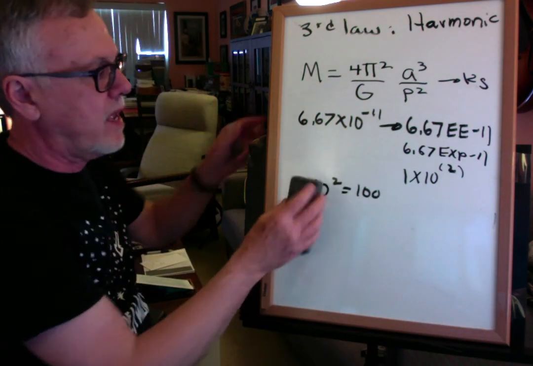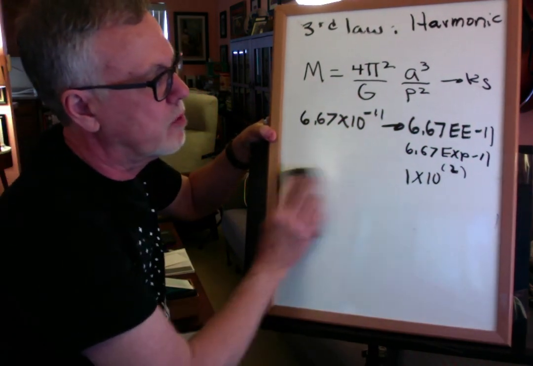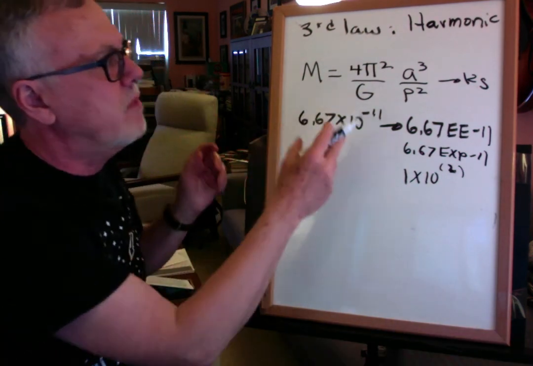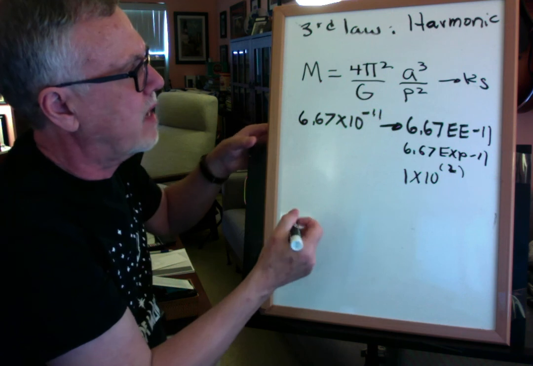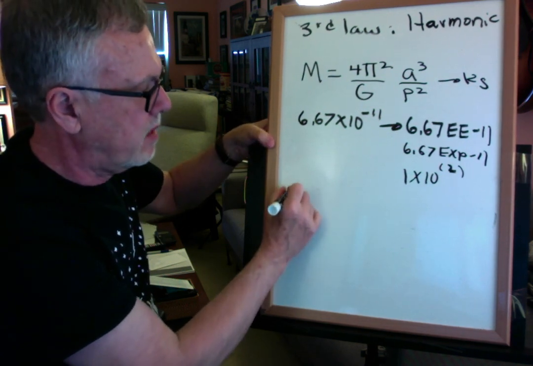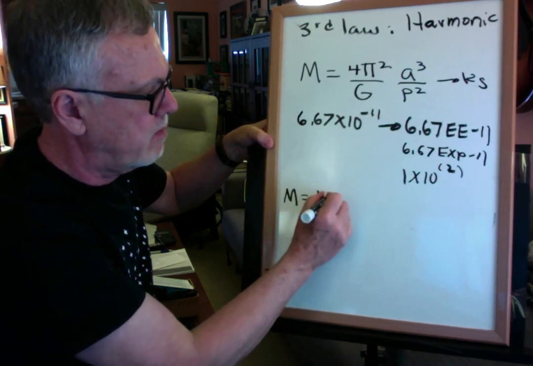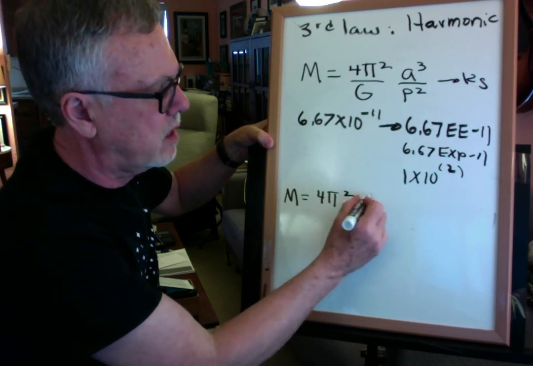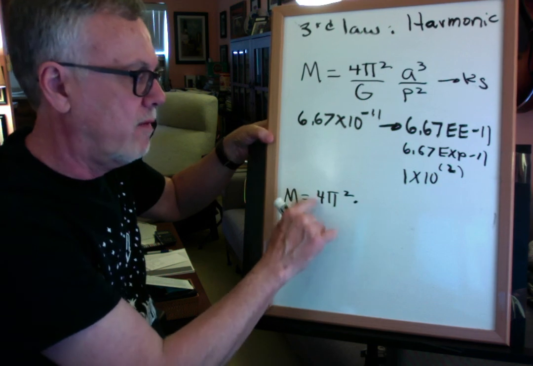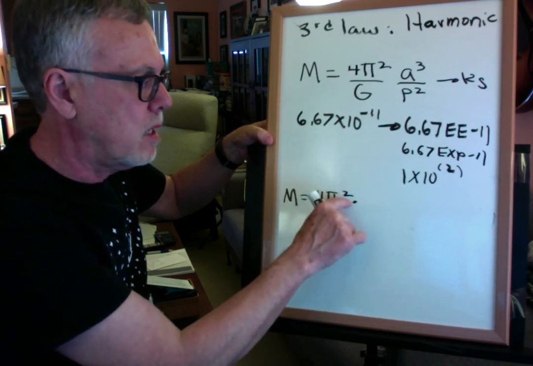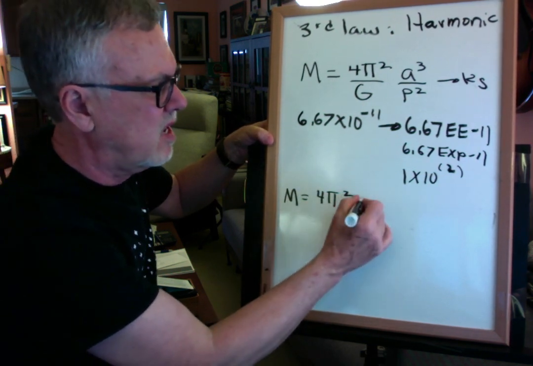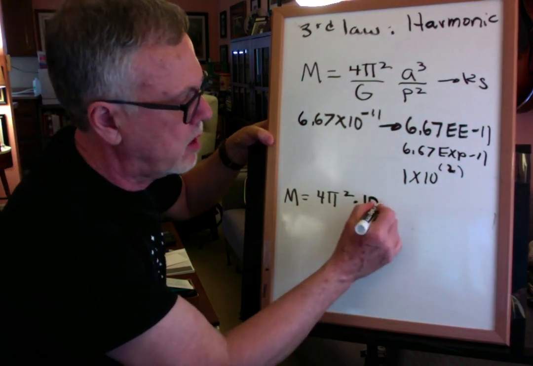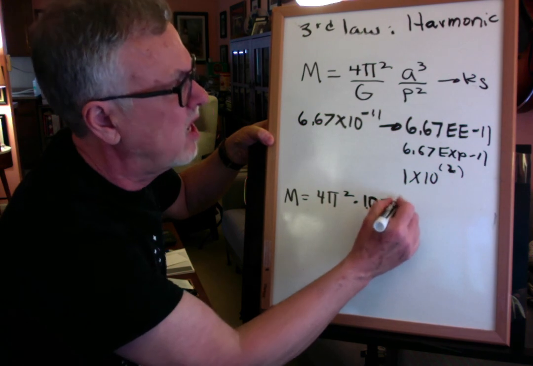So when I calculate this, I'm just going to give an example. I'm not going to use the numbers that you use. Let's say that I have 1,000,000 for this and 1,000 for that. So I would have big M equals 4 pi squared times, and this is how I do it: 4 times pi squared times 1.0 double E 6 cubed.